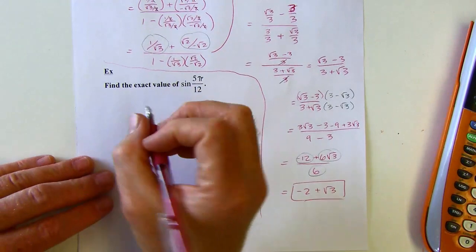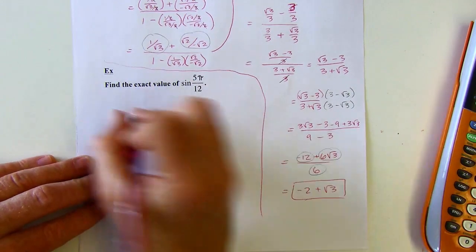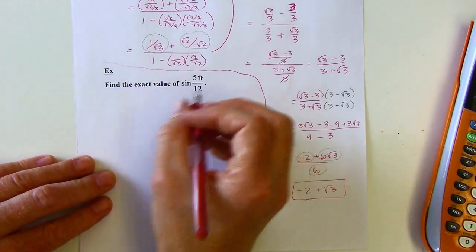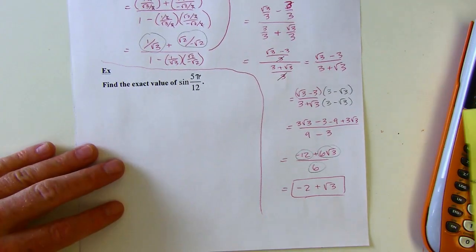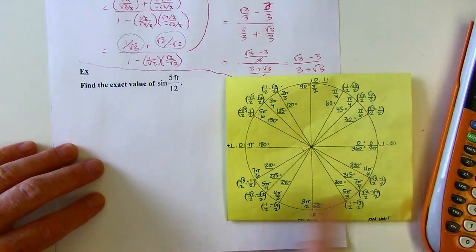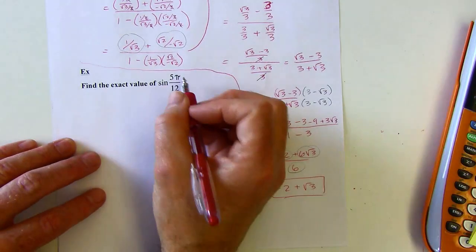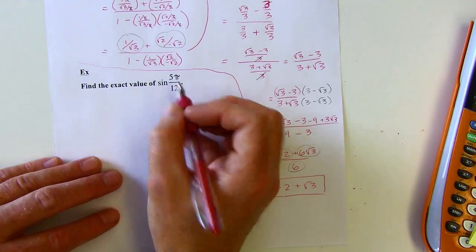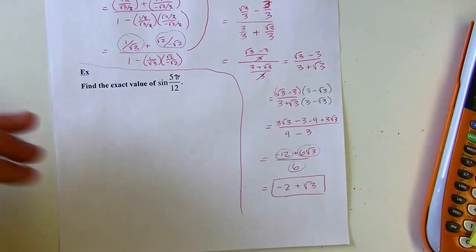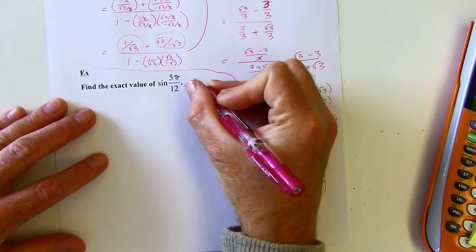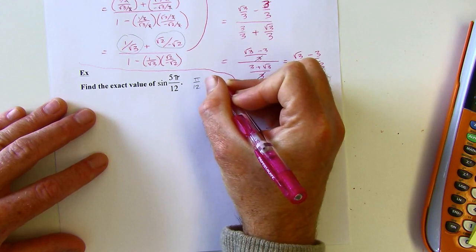Okay, so let's see. 5 pi over 12. Let's see if that's on the unit circle. I'm suspecting it's not. Nope, it's not. So we're going to have to find a way to add to get it. I'm just kind of brainstorming here. Pi over 12 plus 4 pi over 12.